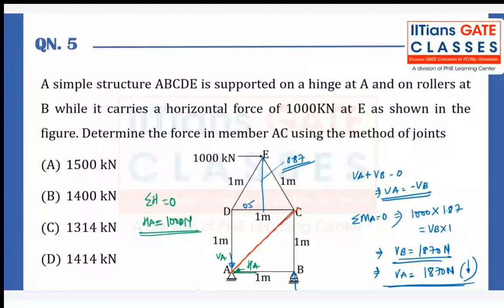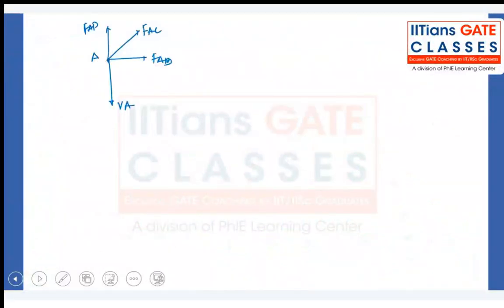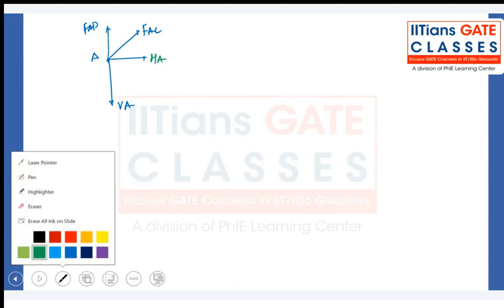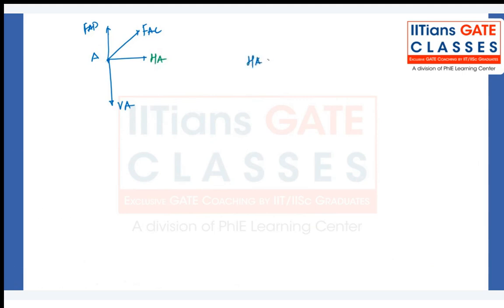Okay, summation of all horizontal forces is equal to 0. So HA is in opposite direction to the 1000 applied force, so both of them have to be equal. So this we can also call it as HA, and we can say that this HA has to be equal to FAC cos of 45 degree.